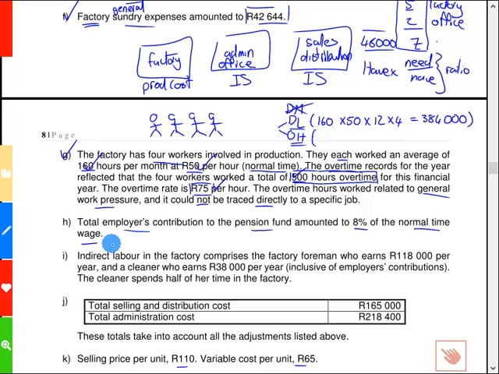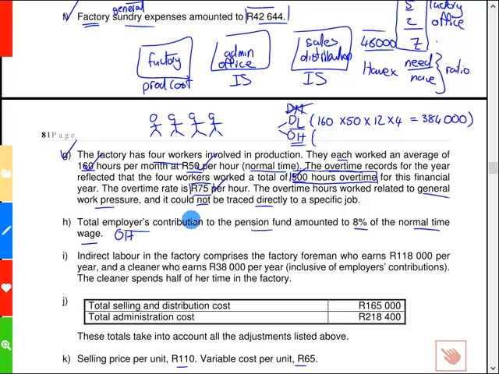So is this directly related to making the finished product? Not really. This is simply to make provision for their pension in 40 years from now. So this is not going to form part of direct labor. This will form part of my overheads because it's not directly related to making the finished product.